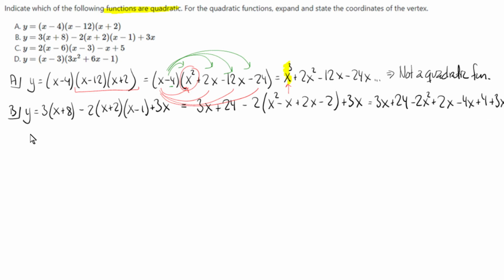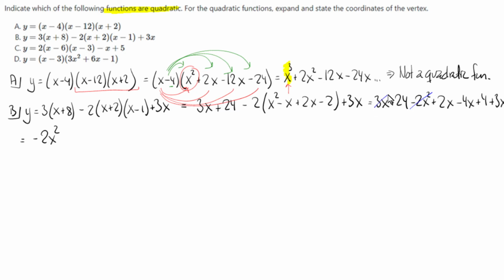So now we can start combining like terms. We can see at this point there are no cubed terms. The highest order term is a square term, so this will be a quadratic function. So the first term would be negative 2x squared. And then we're going to combine the x terms.